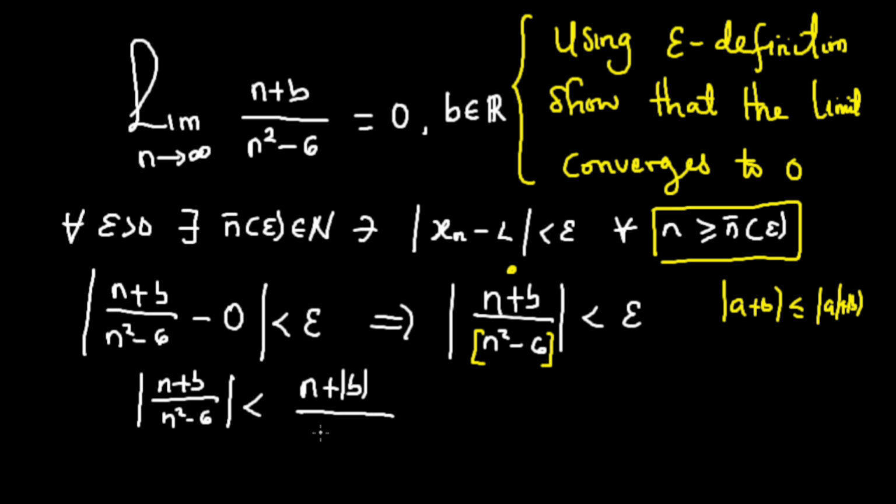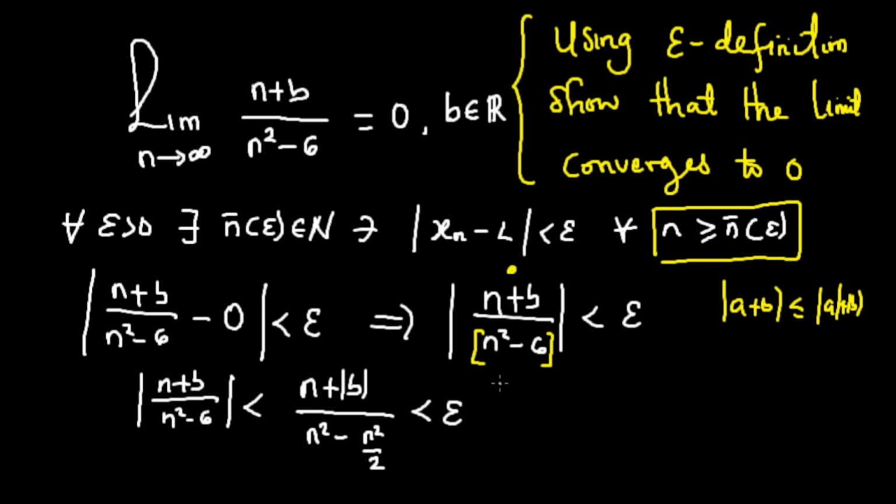That one is settled anyways. Then for this one, it will be less than n squared minus n squared over 2, obviously, because n squared minus 6 is greater than n squared minus n squared over 2. So that means since we have a larger denominator, then it will be less than the other one I'm comparing with. So I can say this is actually less than what? My epsilon. Then we move from there.